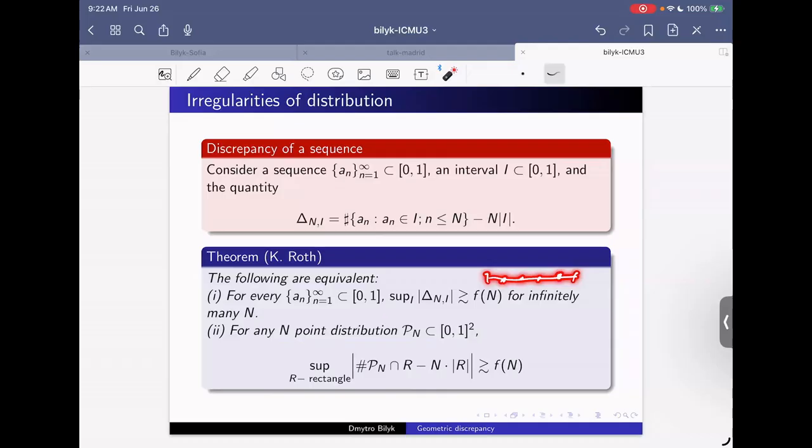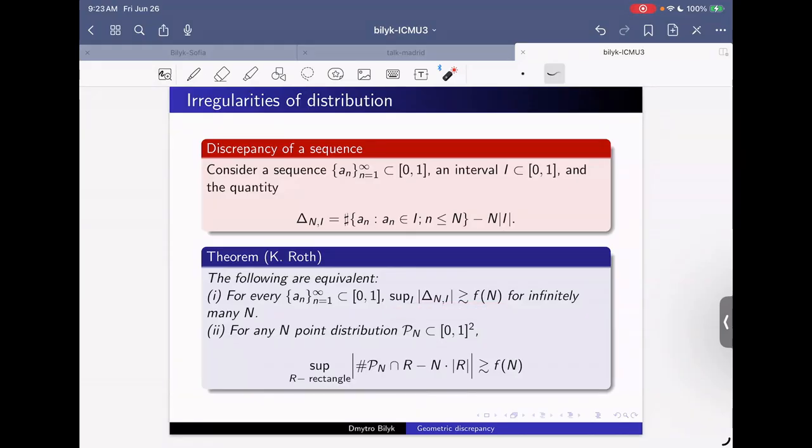Like at some point, you could just have equidistributed points, equispaced points, and it's easy to see that they have very low discrepancy. But as you keep adding more points, at some point, it will have to be large again. Then maybe it will even out again, but then you keep adding more, and at some point it has to become large. So that's the reason that in this formulation, this is actually for infinitely many n.